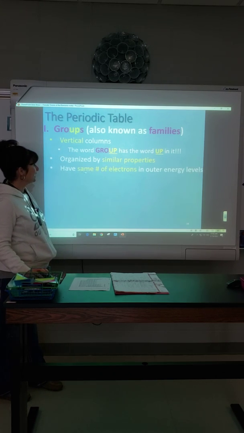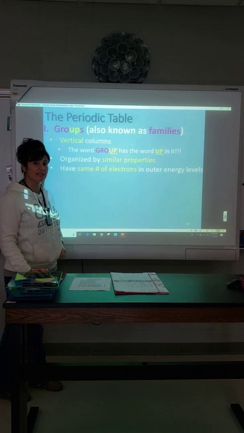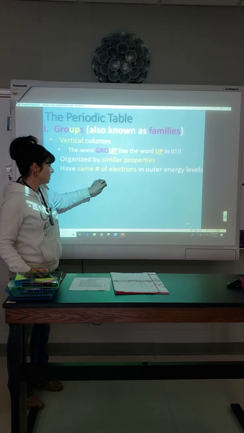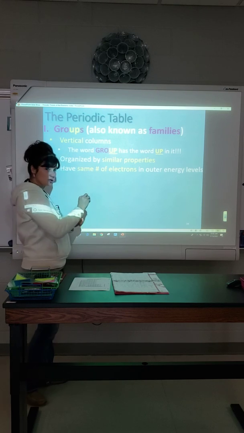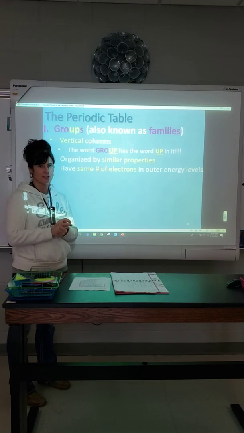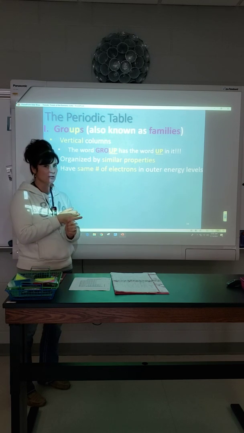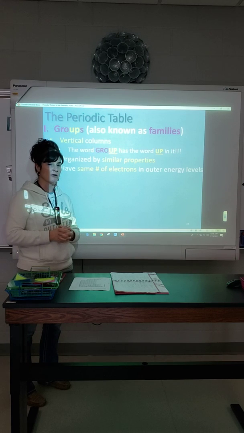As you look at groups, they have the same number of electrons in the outer energy level. If you remember back to Niels Bohr, who had those concentric circles like a bullseye with electrons in them, we're going to focus mostly on the number of electrons in that very outer area, which we'll call valence electrons.